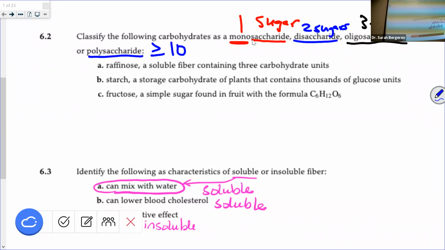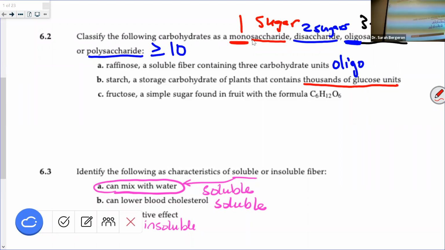All right, so raffinose, which is a soluble fiber containing 3 carbohydrate units. What are we, mono, di, oligo, or poly? 3 is telling me oligo. That's an oligosaccharide.